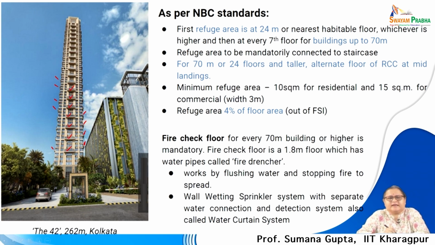The architect has done a very interesting way of putting the refuge area. Because it is a very costly residential apartment, he has put refuge area giving privacy to each of the floors in the form of a balcony or a terrace, because it is again covered in the third level.